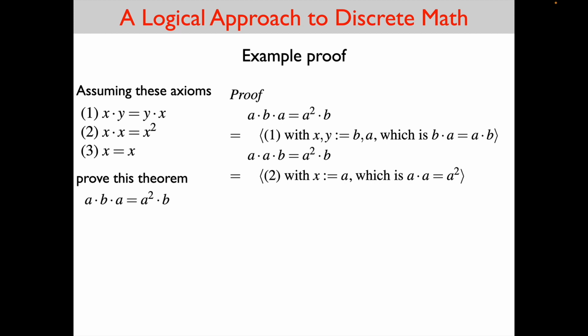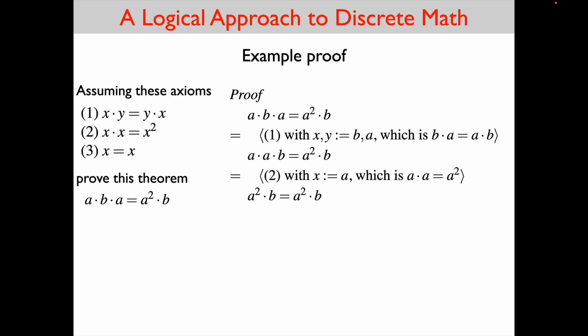But if we use axiom number 2 with x replaced by a, and if I asked you to do textual substitution with that, what would you say? Well, that's the same thing as a times a equals a squared. But wait a minute. We have an a times a in this line right above this hint. So what can we do? We can use Leibniz. And so what is this equal to by Leibniz? It's equal to a squared times b equals a squared times b.